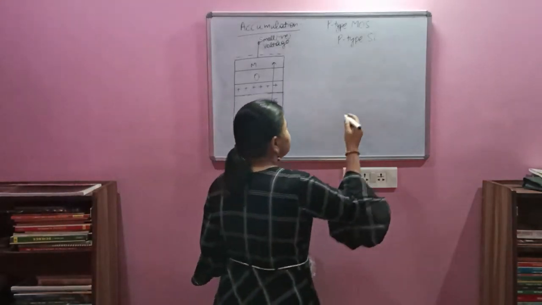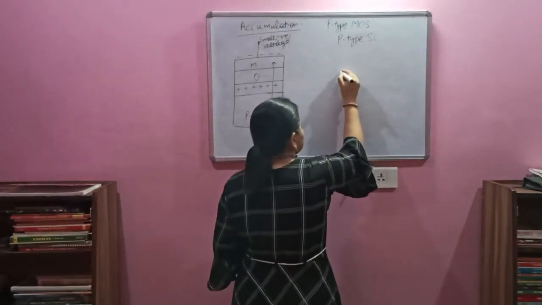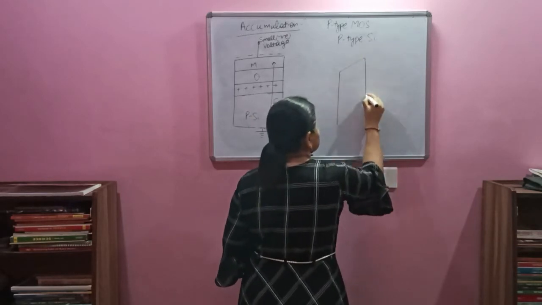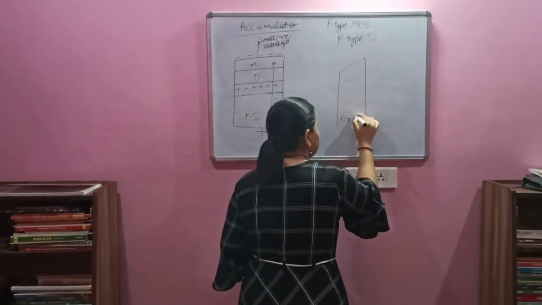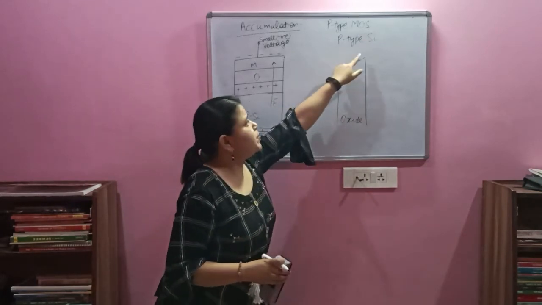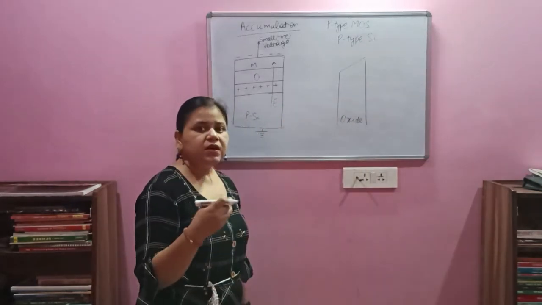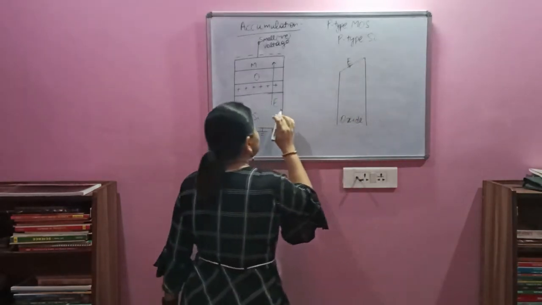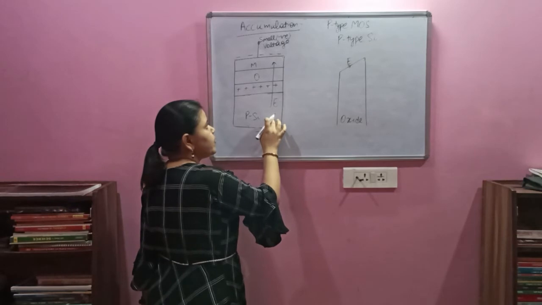Now if I draw the energy band diagram for this, what will it look like? This is an oxide layer. Now we know that this ramp in the oxide states the flow of the electric field.